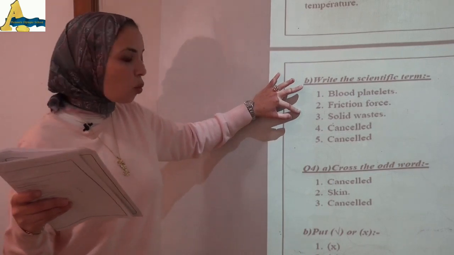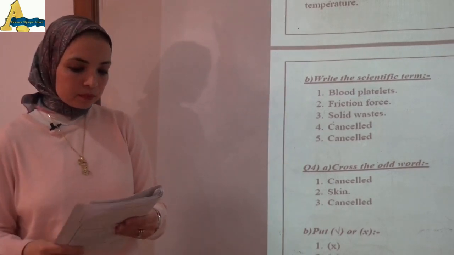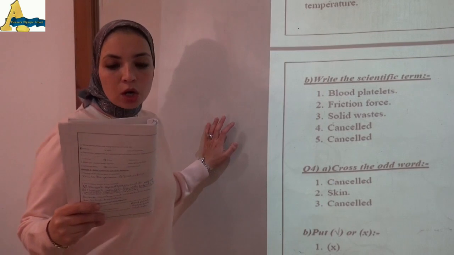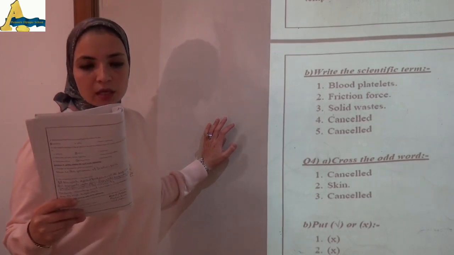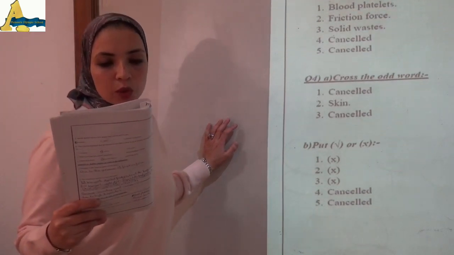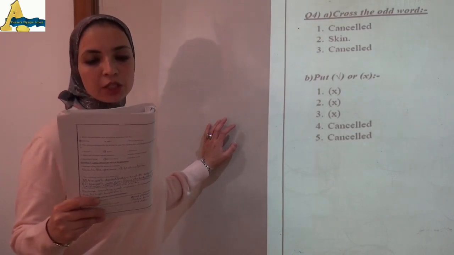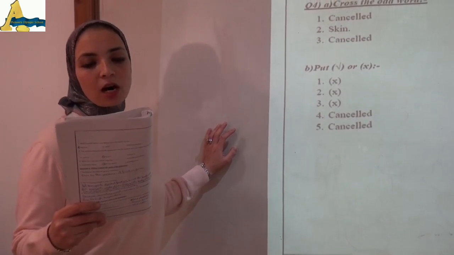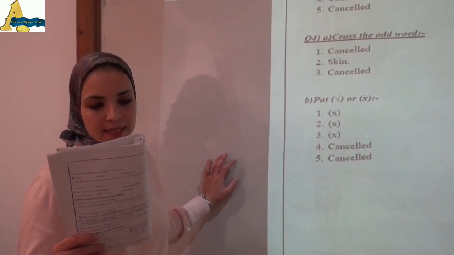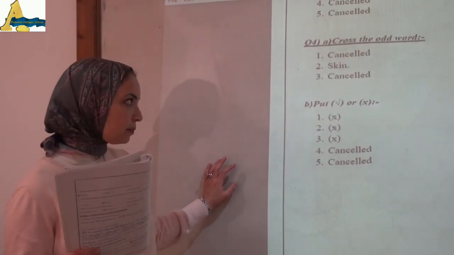It's the solid wastes. Cross the odd word. Number 2, ureters, skin, urinary bladder, urethra. All of these are organs in the urinary system except the skin.